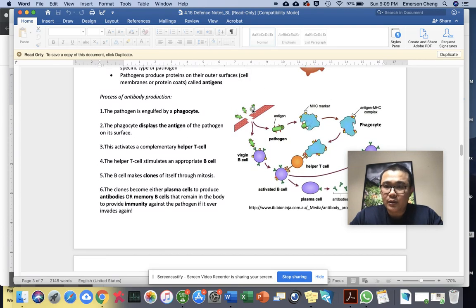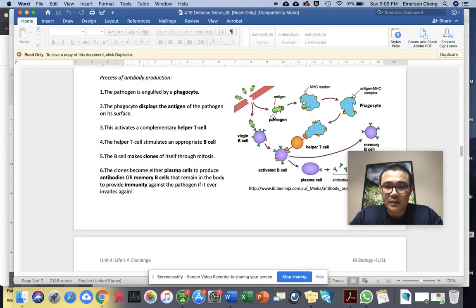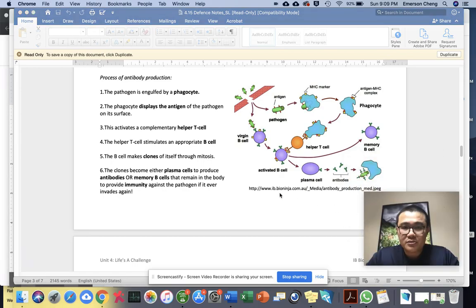Now, I was looking at the higher level material, and I'll just say right now, higher level students, we will go over this process in much finer detail, which will help you to understand this process better. Standard level students, this is it. These 5-6 steps are pretty much as deep as you need to know this part.